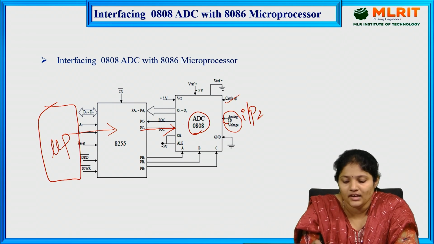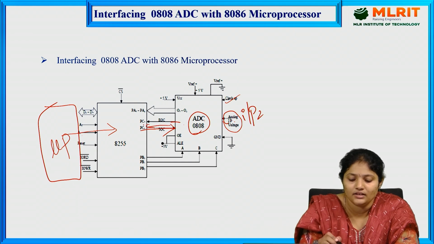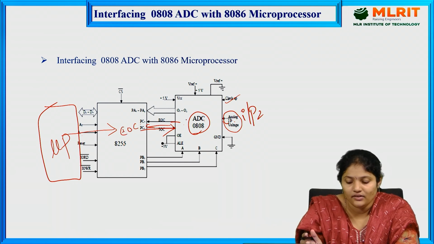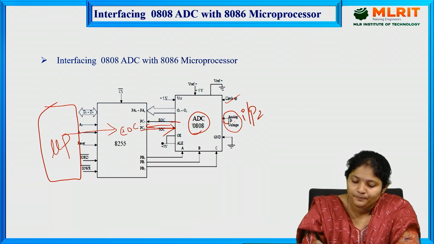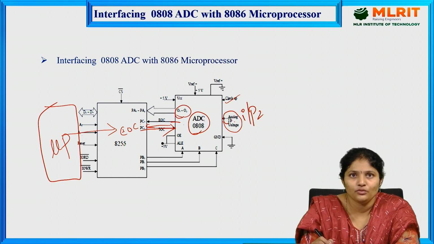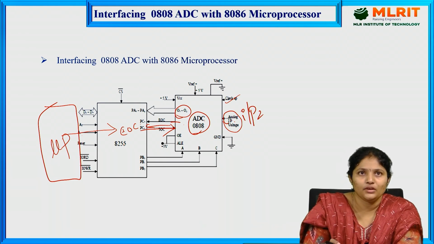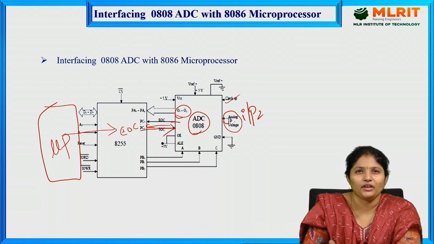Only then the ADC starts converting the required input, which here is input 2. When it is done with the conversion, it sends back the EOC signal to the 8255. If the processor gets the EOC signal, the conversion is done, and it takes the output from output 0 to 7. So this is the interfacing circuit of the 0808 ADC with the 8086 microprocessor.